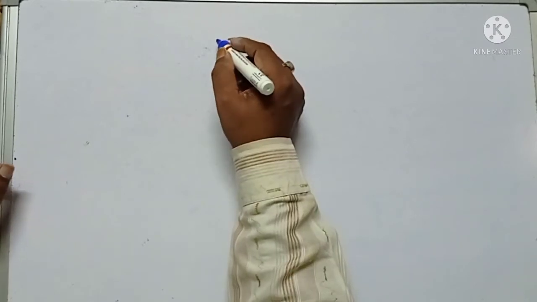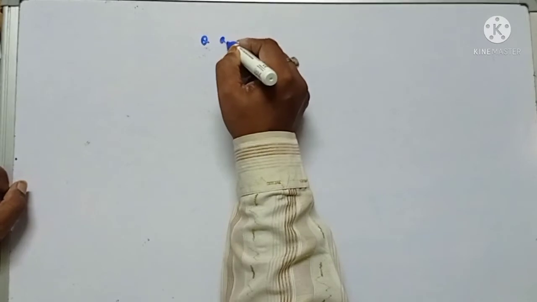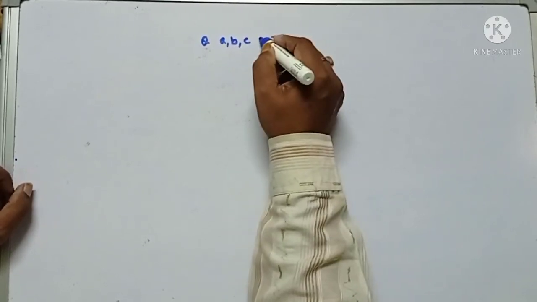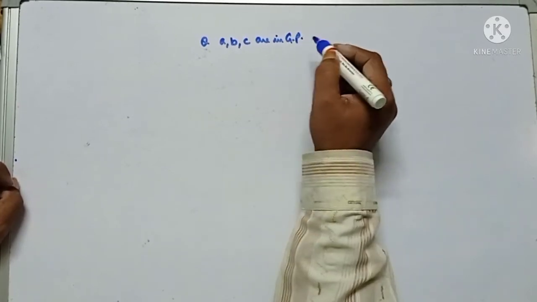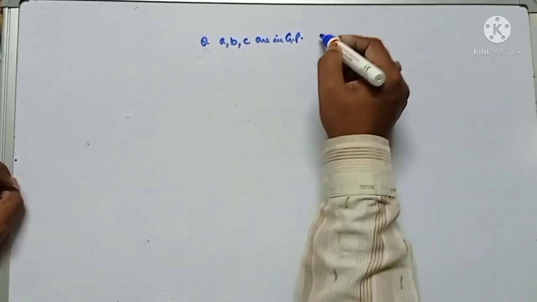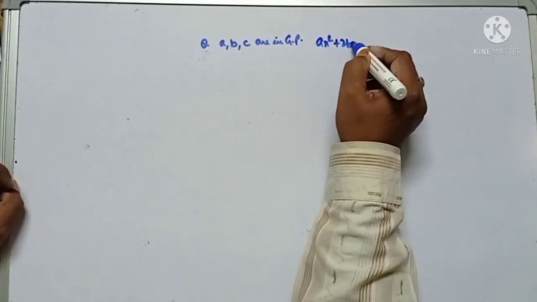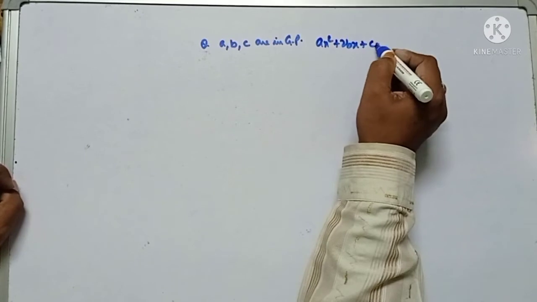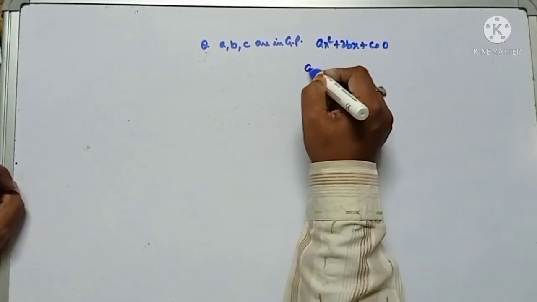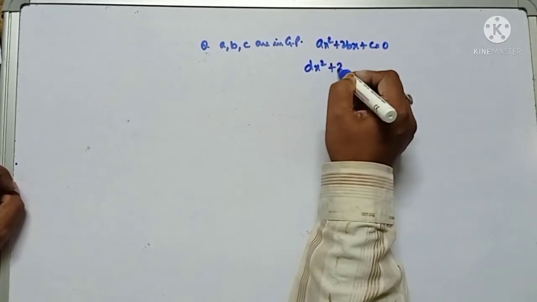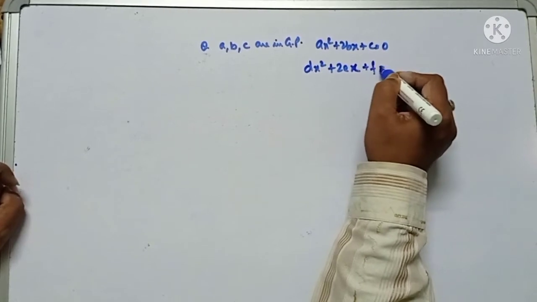This was a question asked by a student. The question is: A, B, C are in GP, and AX square plus 2BX plus C is equal to 0, and another quadratic equation DX square plus 2EX plus F is equal to 0.